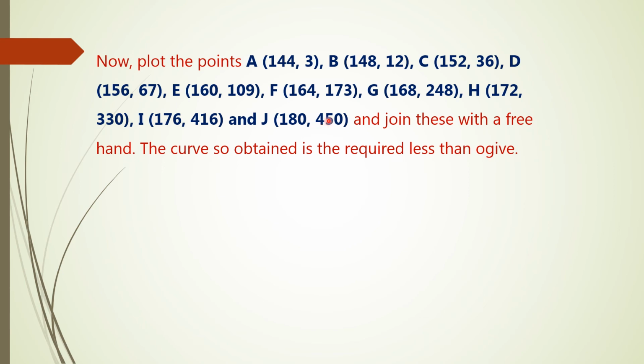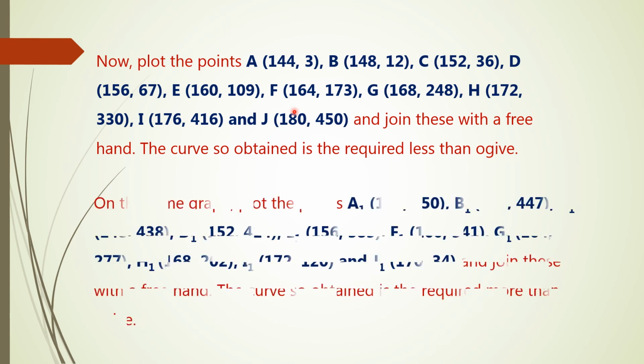These are nothing but the LCFs, less than cumulative frequencies. Therefore, by using the upper limits and the respective less than cumulative frequencies, we will get these points. We have to plot all these points on a graph and then join them. The curve obtained will be the less than ogive.